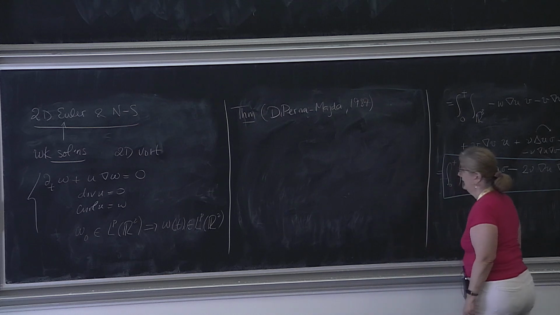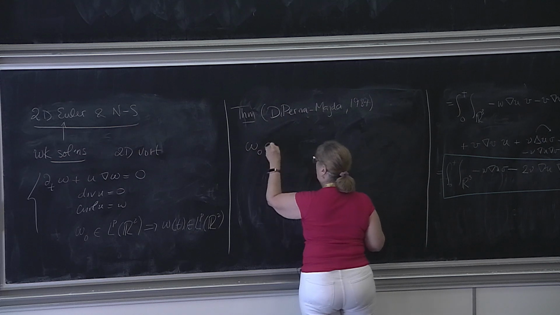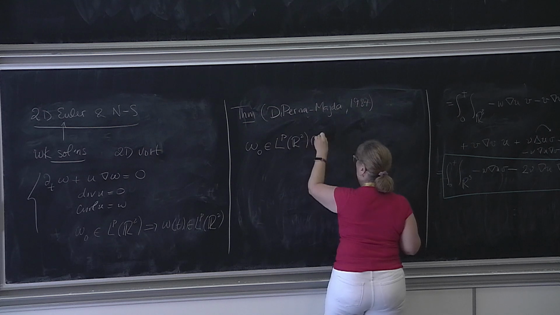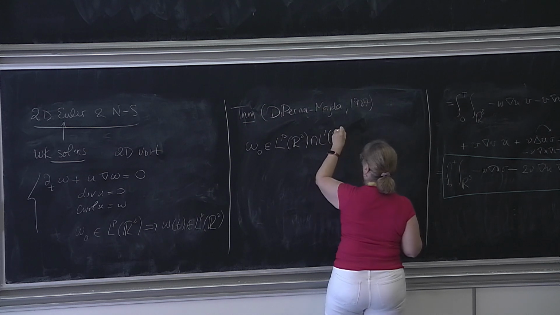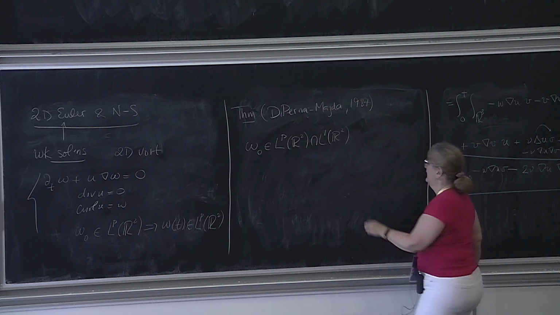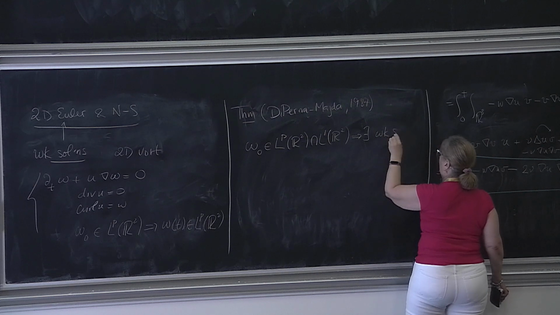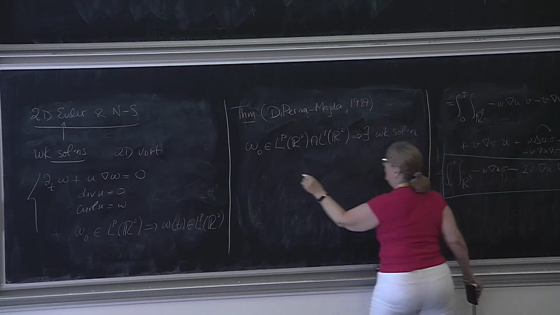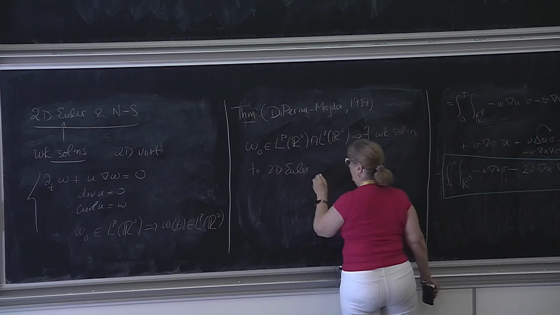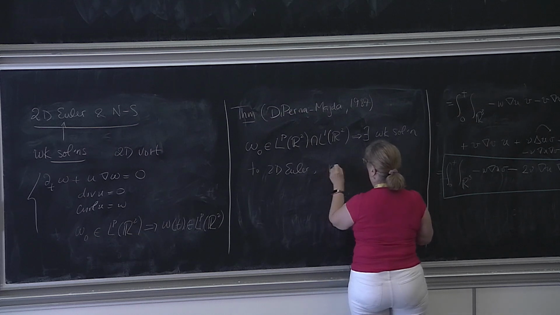Okay. 1987, and it says this: let omega naught be in LP. If we're in the full space, we need a little more control than just LP. Then there exists a weak solution to 2D Euler for p bigger than 1.